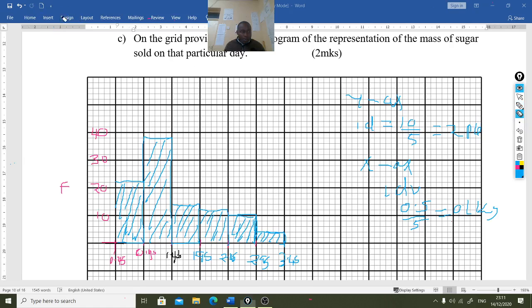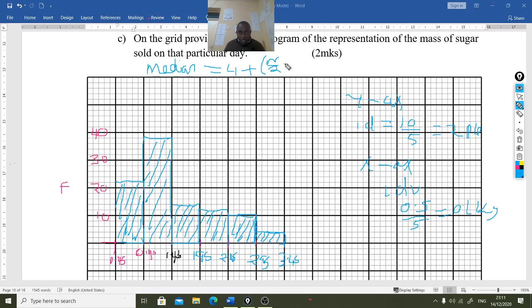First, we need to calculate the median. For us to get the median, remember we said that median equals L1, meaning the lower limit of the median class, plus brackets n, the cumulative frequency, over 2, because median is half over 2.